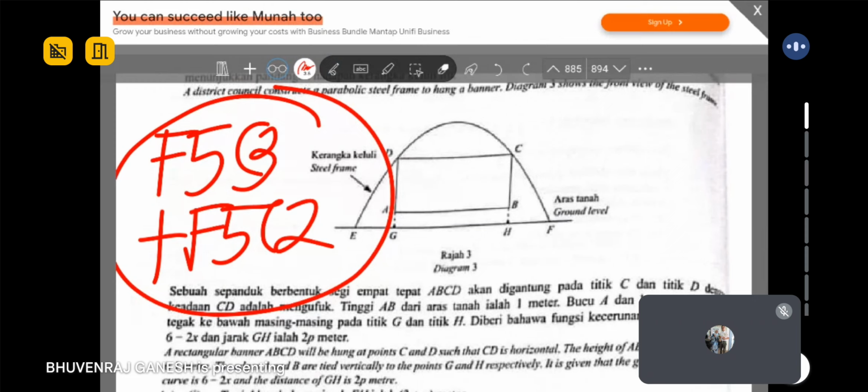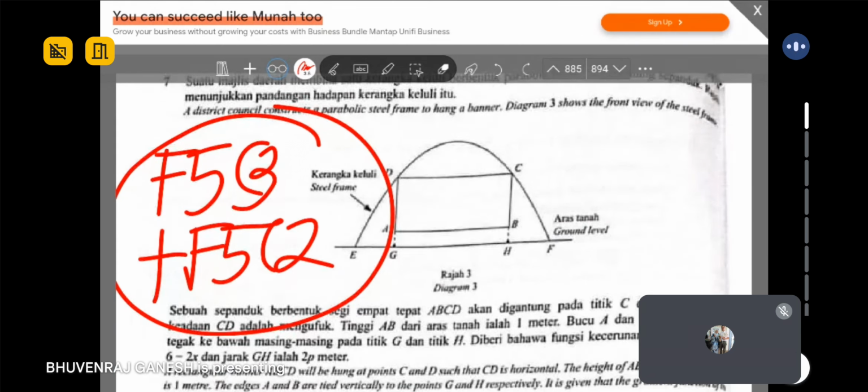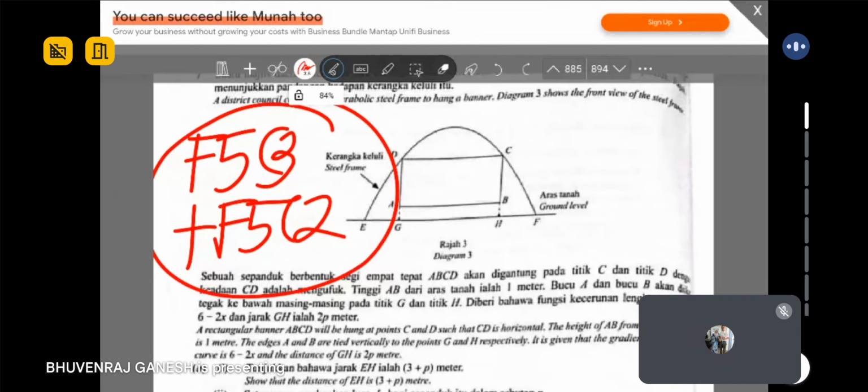Bila kamu fikir soalan ni berkaitan bab apa, semua rumus, semua info dari bab tu kamu akan ingat bila lihat soalan ni. Itu pentingnya kamu identify soalan ni dari bab apa. That's why you must know what chapter this question is, so that all the information will come to your mind. Do you understand guys? So that's the reason.